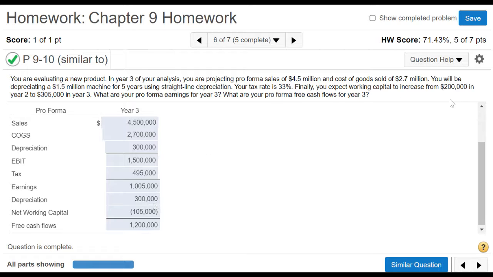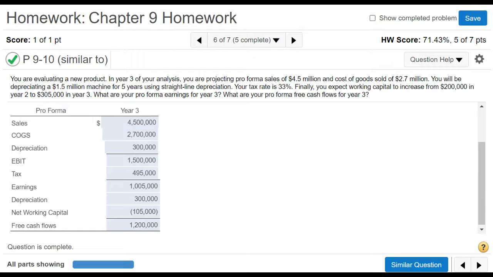And then the net working capital has gone from 200, increased to 305. So we have less money to play with. So this becomes negative 105. And then we get 1.2. Hold on one second. If you don't understand, ask me, we'll do it again.